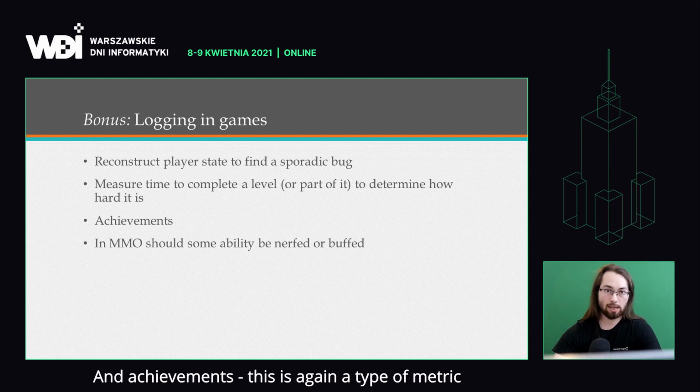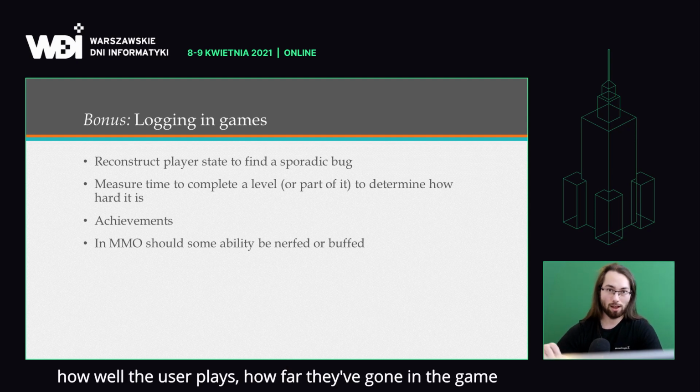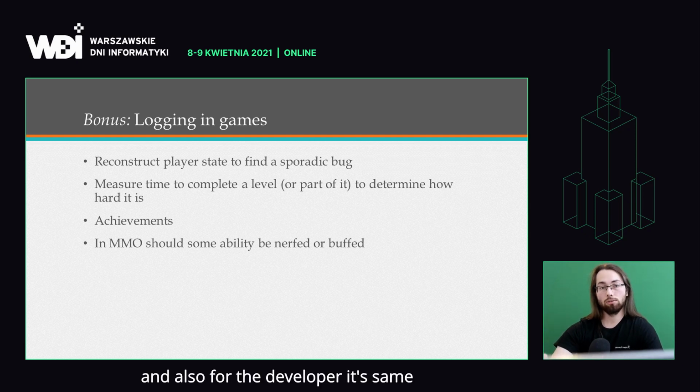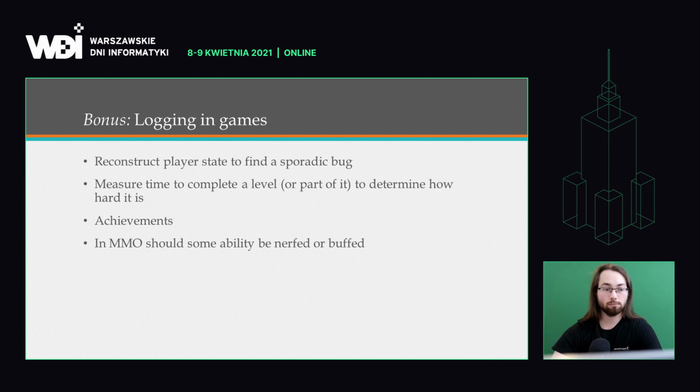Well, this is again a type of metric, which is both at the user level, how the user plays, how far they've gone in the game, and also for the developer, it's saying, okay, well, this many users have gone through this point, etc.